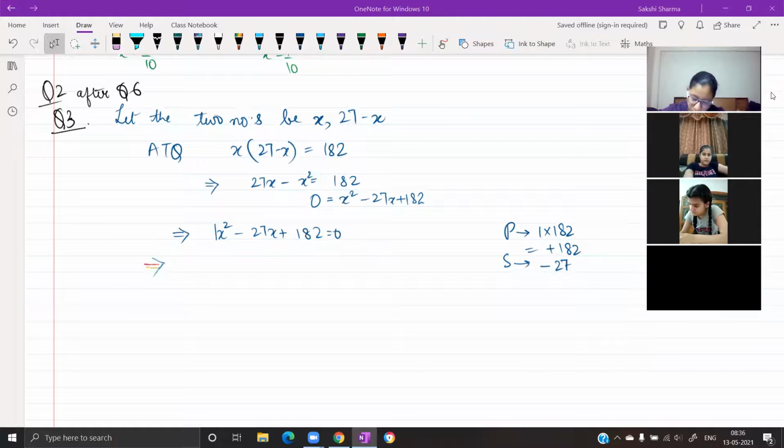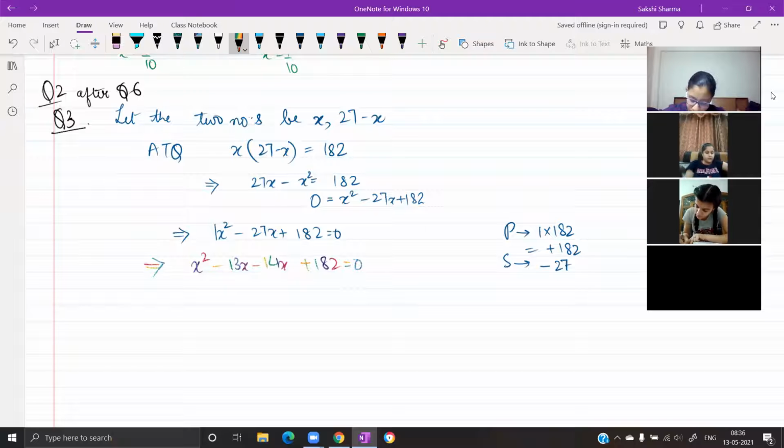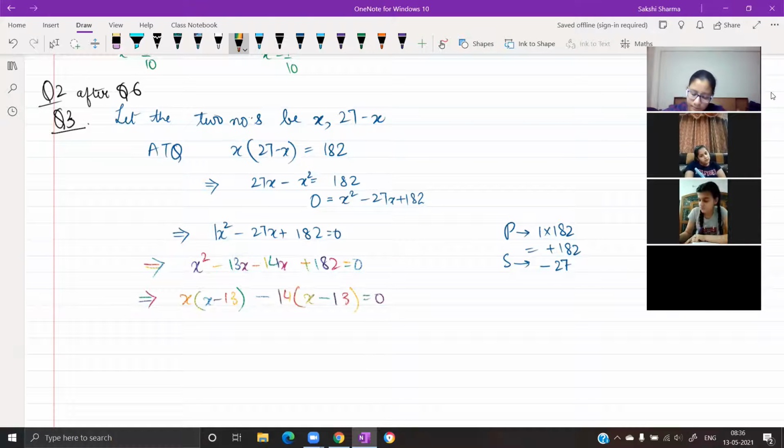Minus 13 and minus 14. Minus 13x minus 14x. Regroup the terms and factorize. From the first pair, x is common. From the second pair, 14 is common.